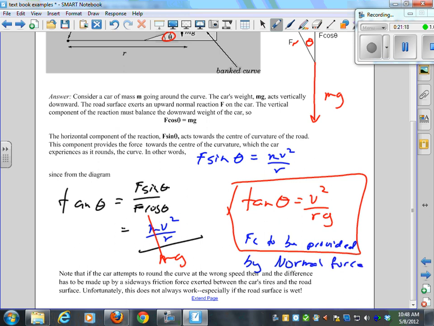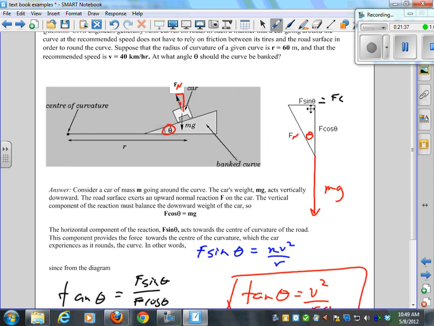What it means is even if the road was completely ice covered, you could still drive around it because of gravity. There would be enough component of gravity to force you towards the center. If the road was frictionless, what's providing the centripetal force? It's gravity, basically.